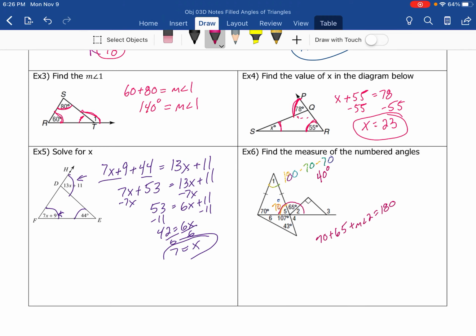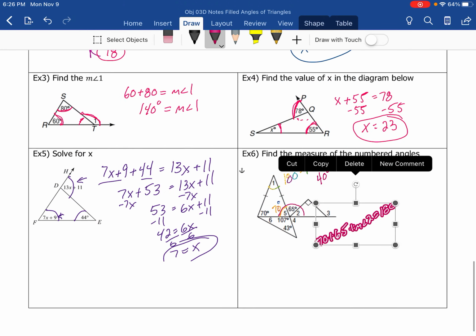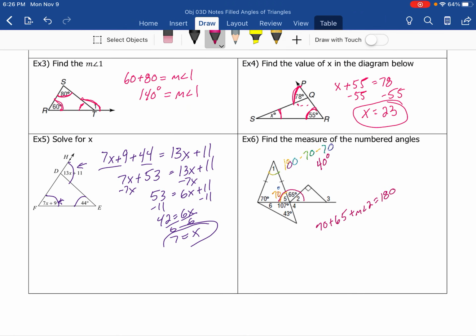I can subtract, so that's going to be 135. Okay. 135 plus the measure of angle 2 is equal to 180. Subtract 135, subtract 135. So the measure of angle 2 is equal to 45 degrees. So there's our 45 degrees.